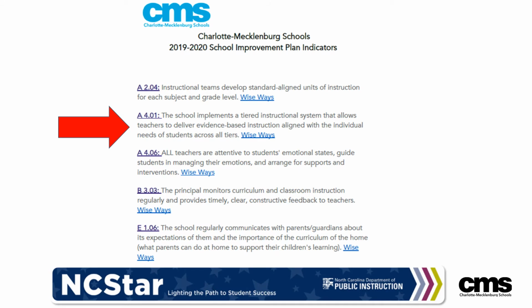Remember that Oakdale's school improvement plan is aligned to these 5 indicators. TSI is not different work, it is aligned to our plan. Our focus this month is indicator 4.01.